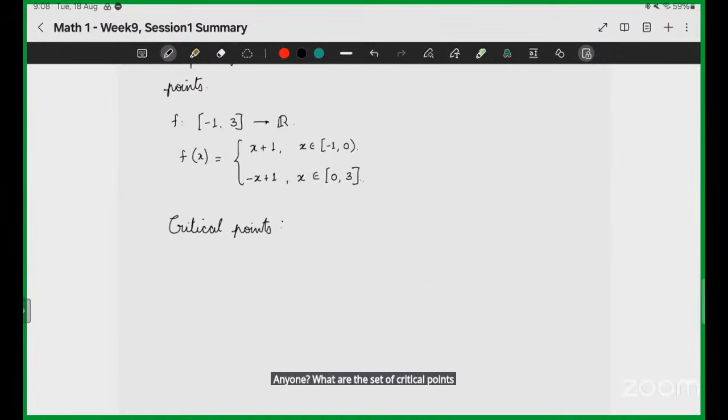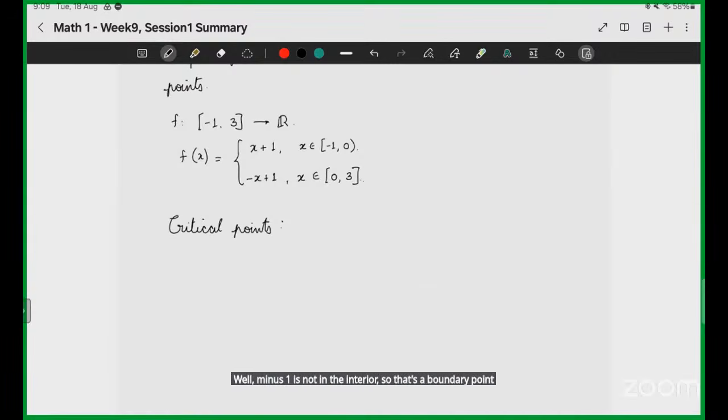Are there any critical points? -1? Well, -1 is not in the interior, so that's a boundary point.